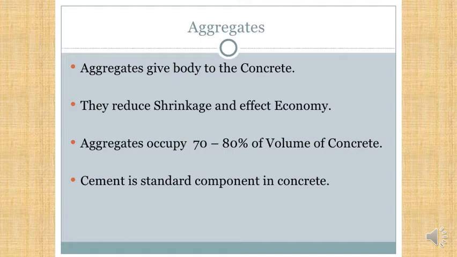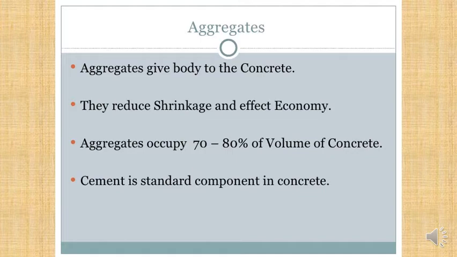The aggregate gives body to the concrete, so it can fill voids, it can fill the mold that you're trying to fill. It also reduces shrinkage. Remember what I said about how cement actually shrinks when it dries and goes hard? The same happens when you have cement and concrete.